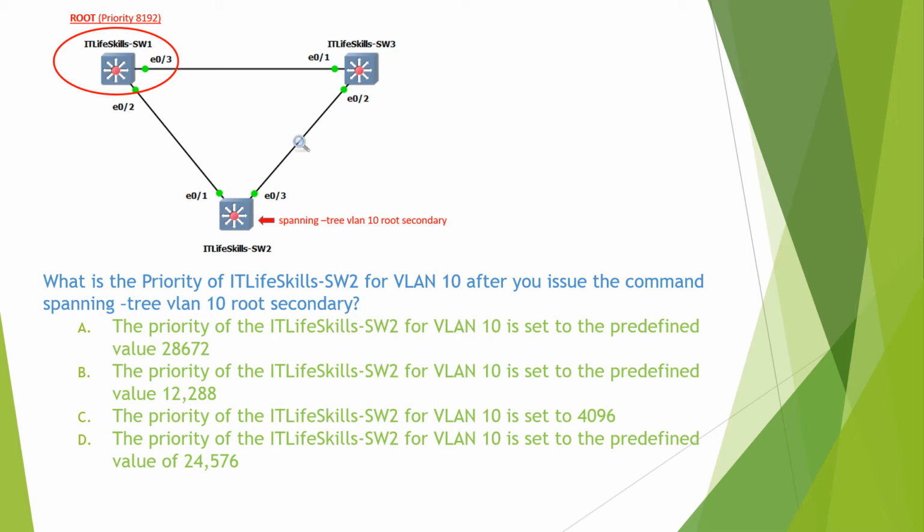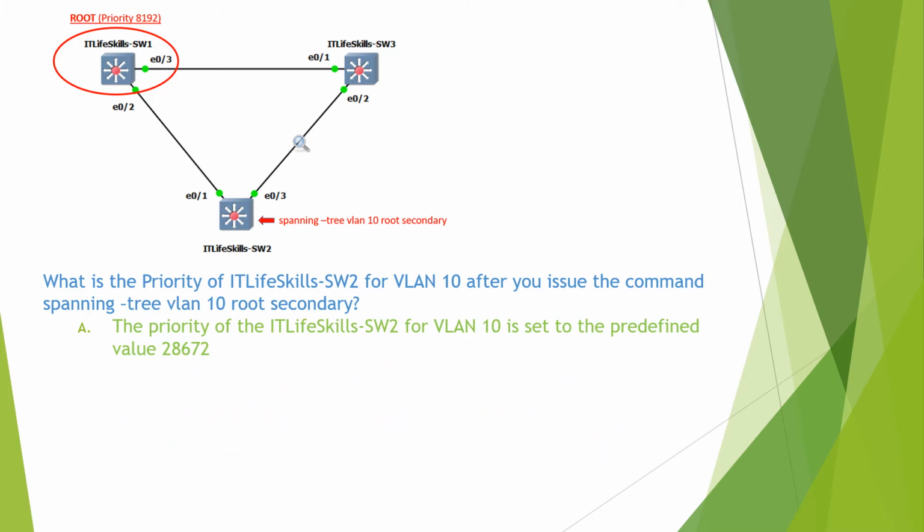After you issue this command, the priority value of the IT Life Skill Switch 2 for VLAN 10 will be set to the predefined value of 28,672. So the answer for this question is A. You can find the detailed explanation for this question in the video. Rapid Spanning Tree Protocol additional features.